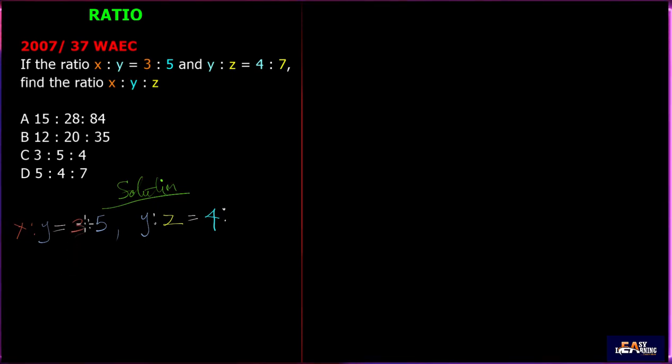Okay, now when it comes to y, we have a challenge. Observing y, we have one y here, and the value for this y is 5. Also we have another y here, and the value for this y is 4. Okay, something is out here. Let's introduce our 7 back.